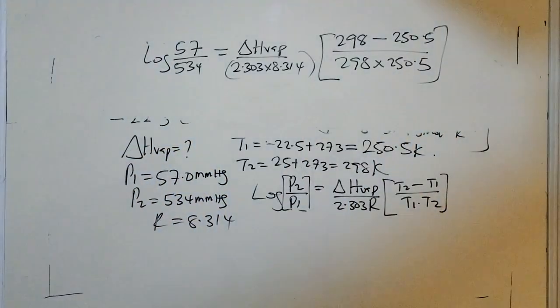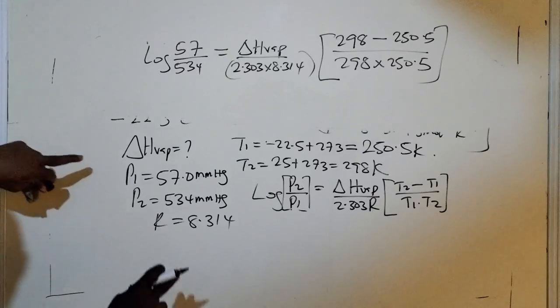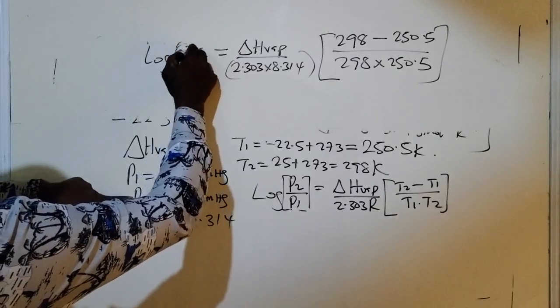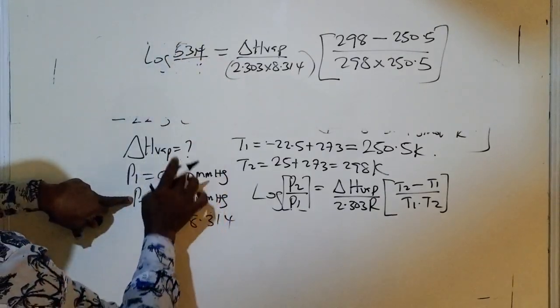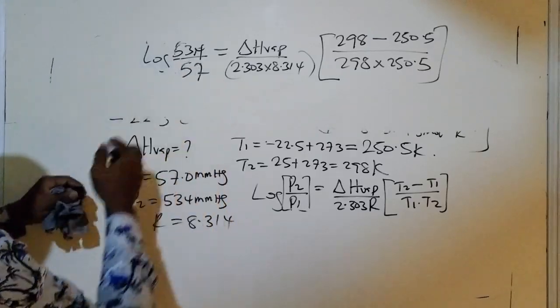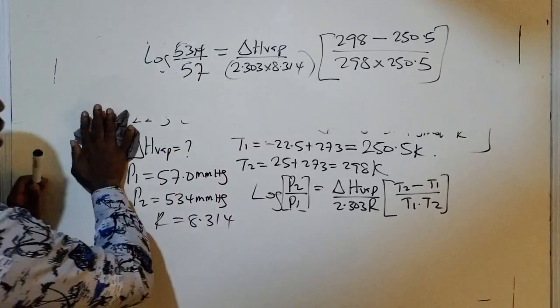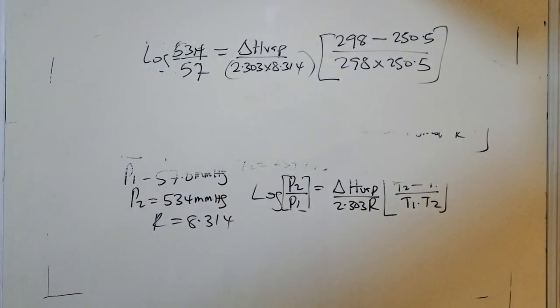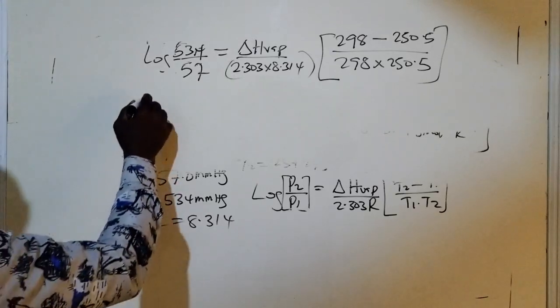So we solve. Okay, we made an error here, P2 is 534, should be up, while P1 is down, 57. So we divide the left hand side, divide 534 by 57, and that will give us 9.368.